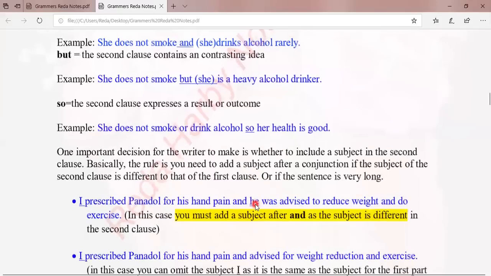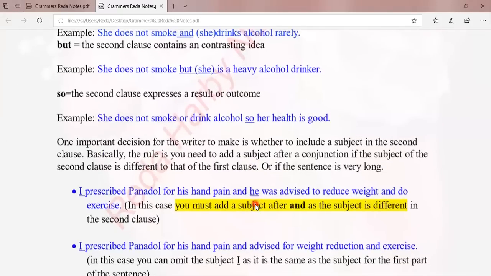I prescribed Panadol for his hand pain and he was advised to reduce weight and to exercise. In this case, you must add a subject after and, like I told you before, Dr. George. After and, why? Because the subject is different. Here I, but here he. So you have to add another subject, because he was advised to, not I was advised.